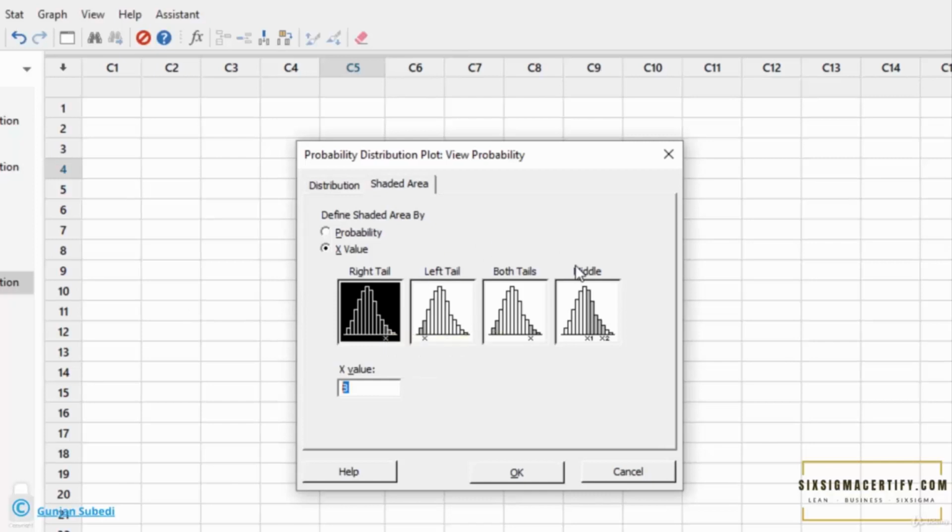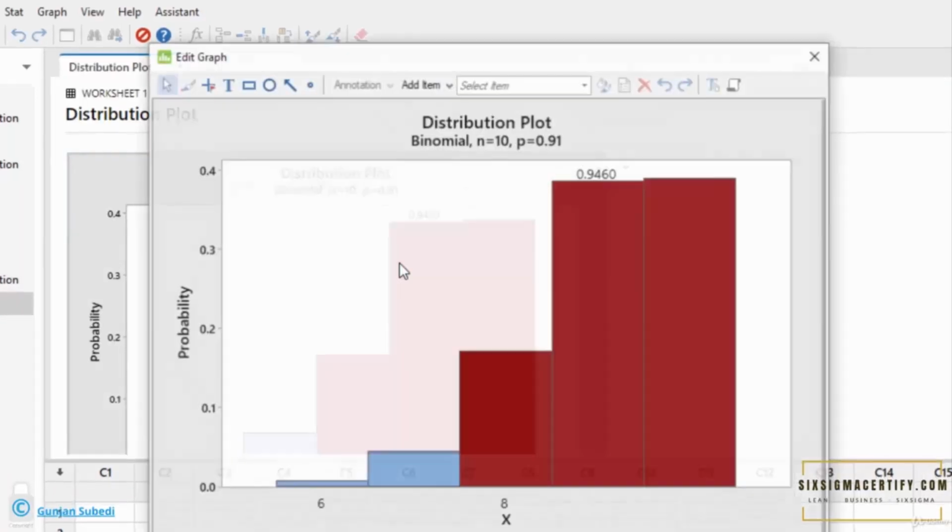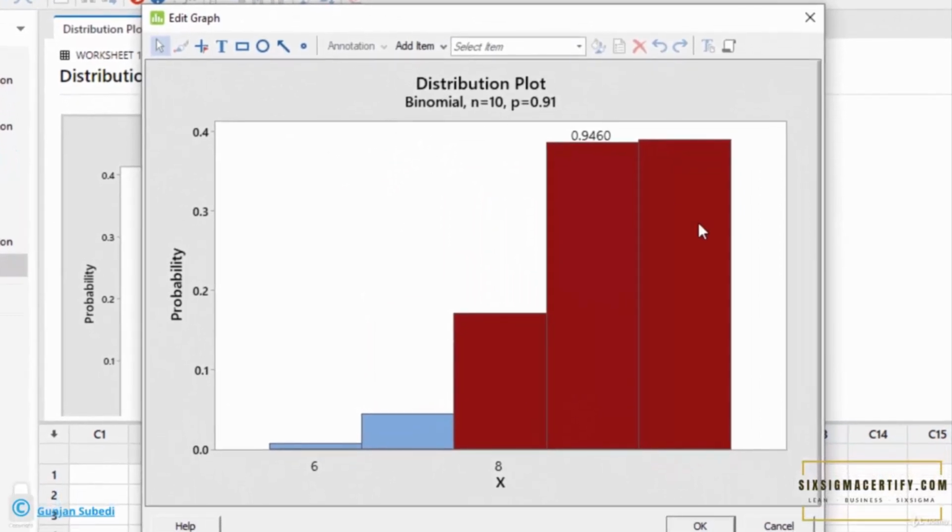Now, if our question was a little different, for example, if we want to find out the probability of landing of 4 to 8 flights on time, then you should have selected the middle one. Now let's leave the explanation. I will select the right tail and click the OK button. Now you see a distribution plot again. The probability of landing of at least 8 flights: there is a 94.6% probability that at least 8 flights will land on time.